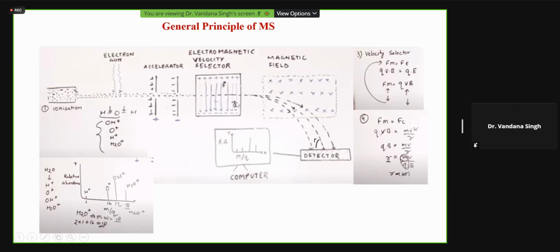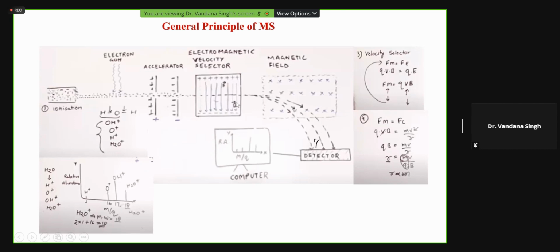So the higher the mass, the higher the time taken to reach the detector. Based on this, molecules of different mass will hit the detector at different times. That's why this is called the time of flight analyzer.